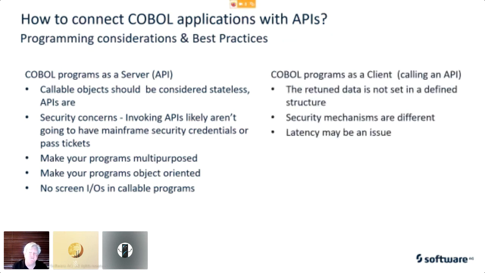COBOL is a client. So if I'm calling out from COBOL as a client, typically the structure of the API that's being called isn't fixed. I may or may not get all the fields back. Arrays might be boundless. If I say return me all the customers, it might return 1 million customers.